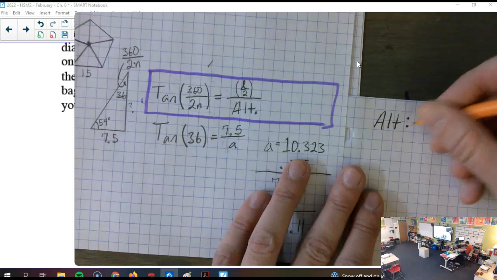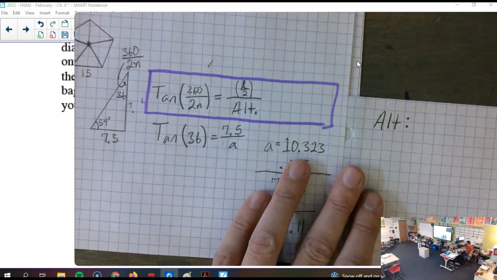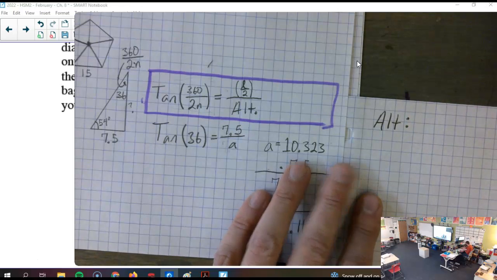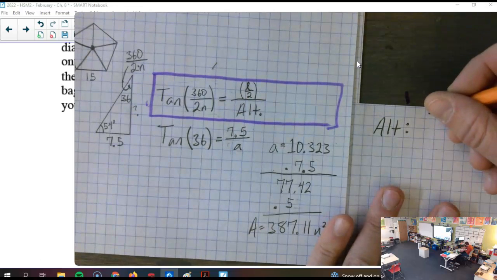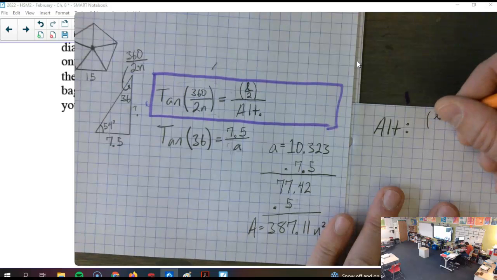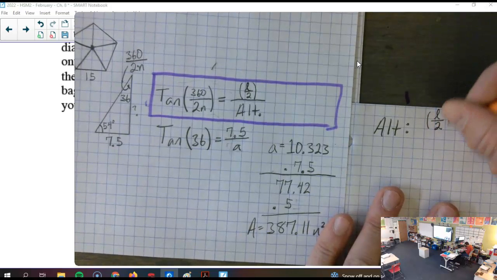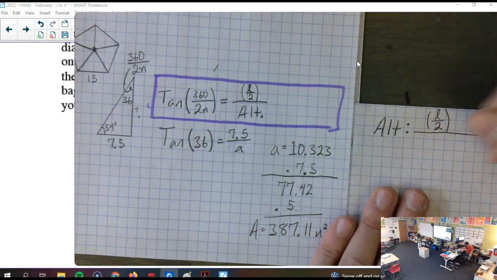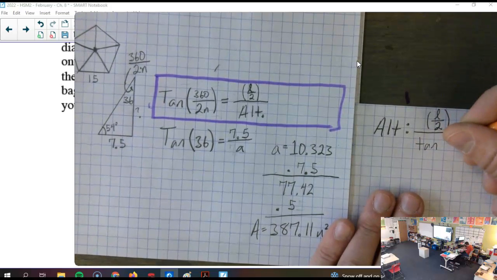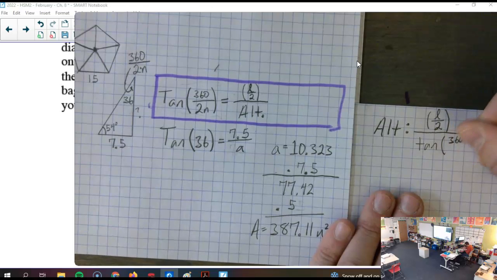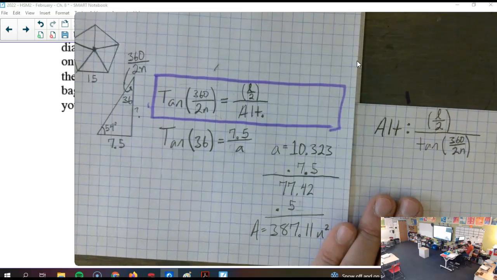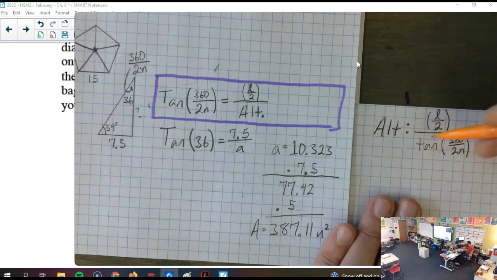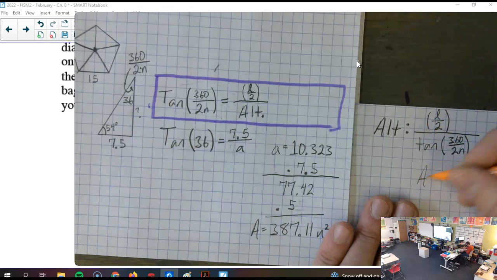See if it makes sense, because I don't know if it does, and it may end up too complicated to matter. The altitude is going to be the edge length L divided by 2, divided by the tangent of 360 divided by 2n. So that's our altitude, right? I'm going to write altitude beneath it.